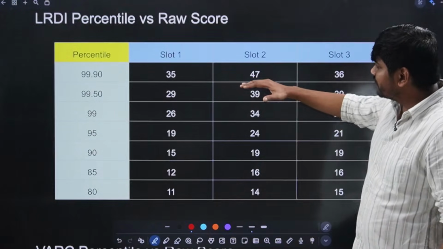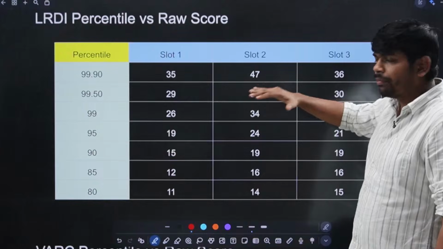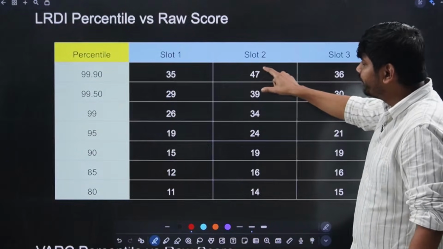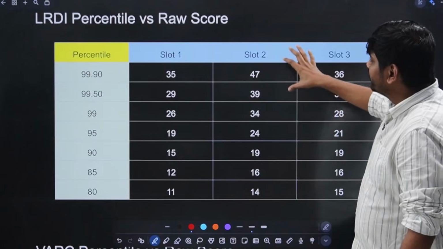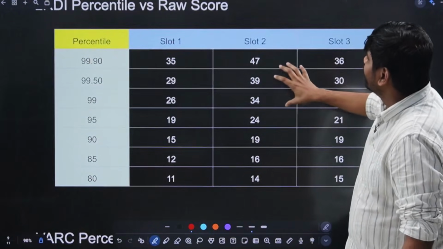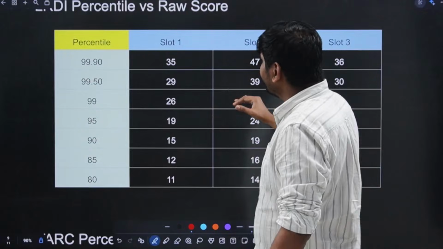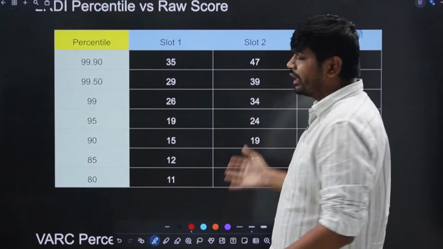So clearly you can see that the top 0.1% of slot 2 people have done very well in their particular slot. That is why there is a weird scaling in slot 2. Scaled down, and slot 1 and slot 3 are getting scaled up.